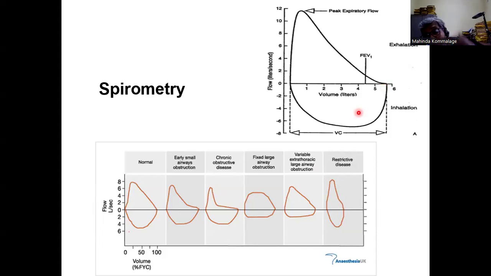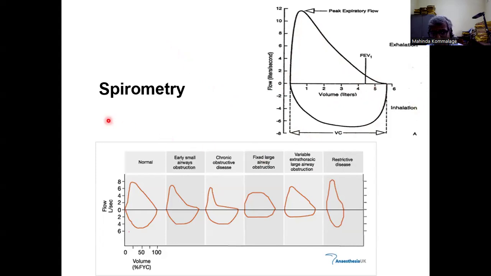That includes tidal volume, inspiratory reserve volume, expiratory reserve volume, everything. This is inspiration. Then we expirate, and flow is in the opposite direction. So this is the volume coming out, reaching a peak and then gradually going down. Within one second, it will be something like this. After one second also, some volume will come out.